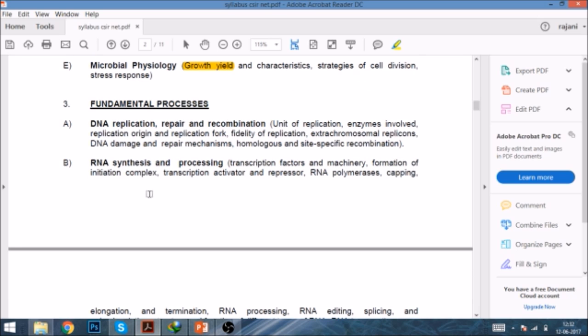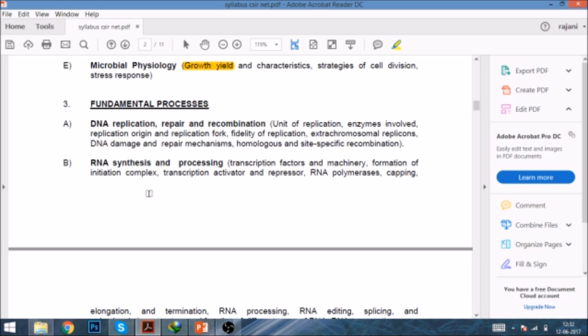And in RNA synthesis, as I have gone through the past year questions, I came to know that the different types of RNA polymerase in eukaryotes, 1 to 3, and which polymerase synthesizes which RNA, is basically asked.